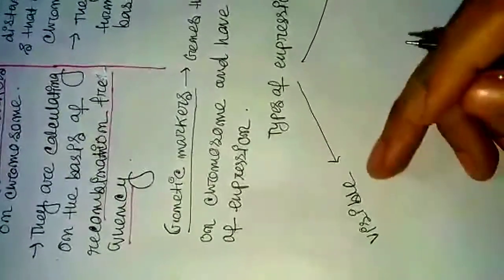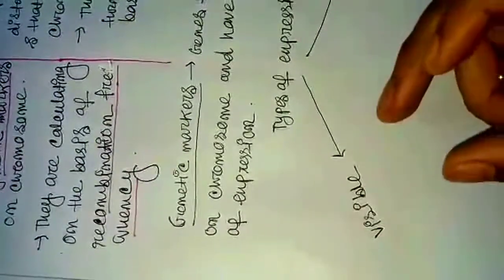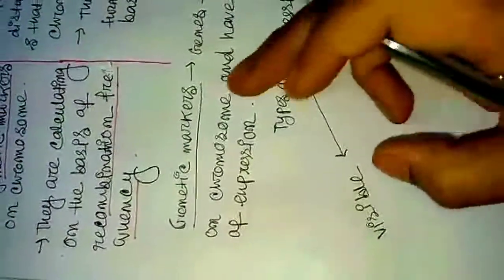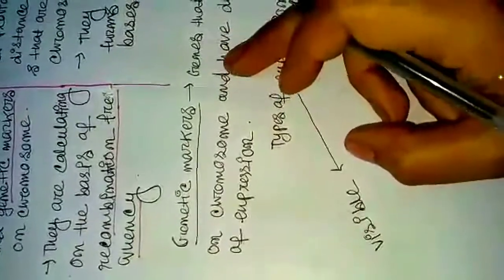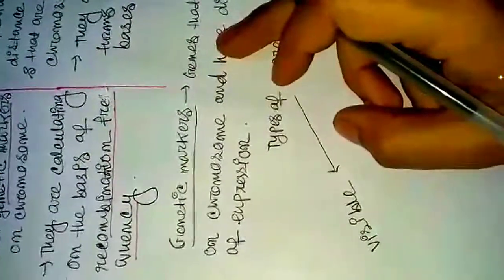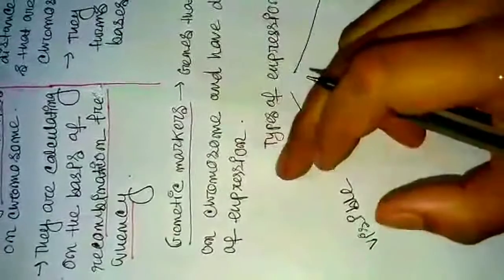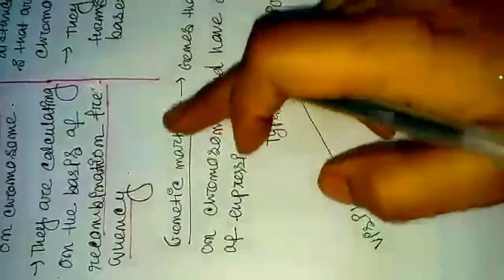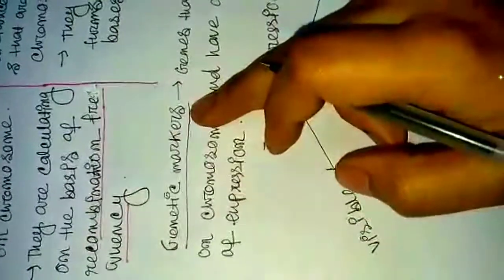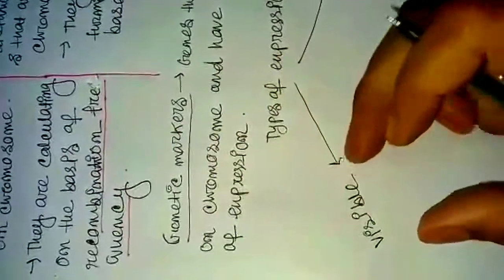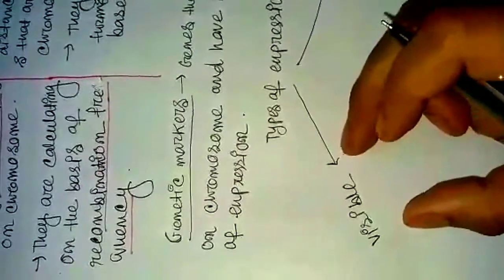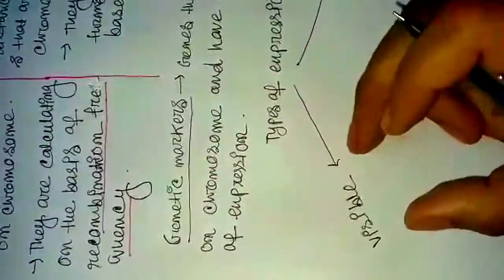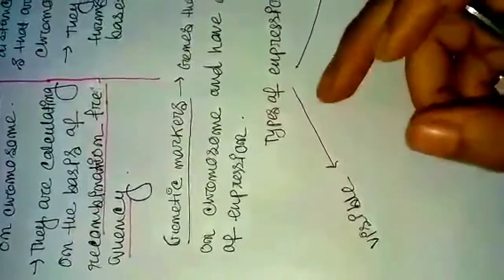So if the marker is present, the effect will be visualized. A marker is basically a gene, so we cannot see genes with our naked eyes. First of all we have to isolate them, sequence them, then find the similarity with these genetic markers. But in this case it is quite easy for us, because by looking at the phenotype we can say whether the marker is present or not.